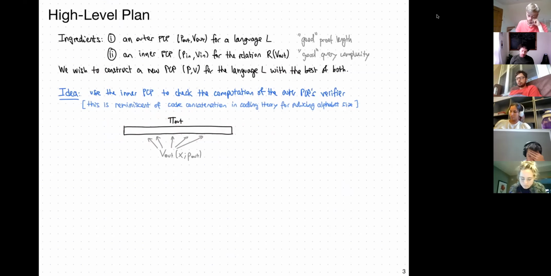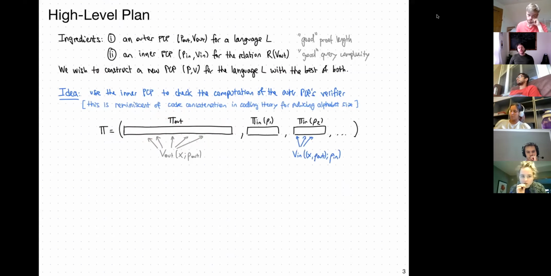And now this PCP admits a verifier that would look at, let's say, these many points. So we'll want to look at the statement of whether querying the proof of the outer PCP, pi out, at these locations would be accepted by the verifier.